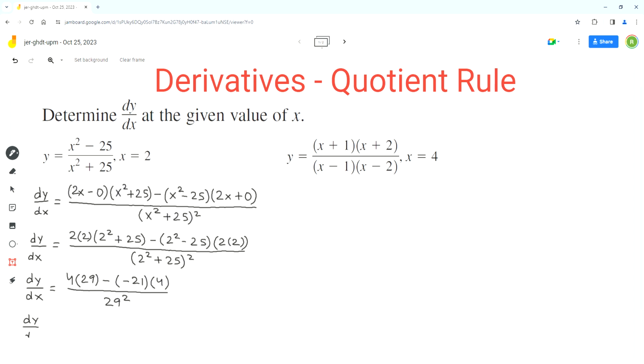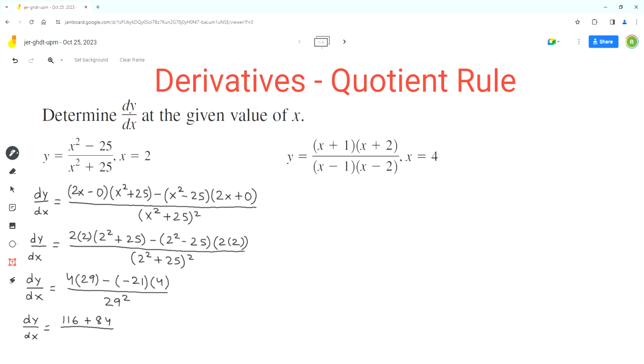So dy over dx equals, in the first part we'll do 4 times 29, which is 116. Now in the second part we have to do minus negative 21 times 4, so it will become positive. So we'll get 84, because there are two negative signs, so they combine to become a positive sign.